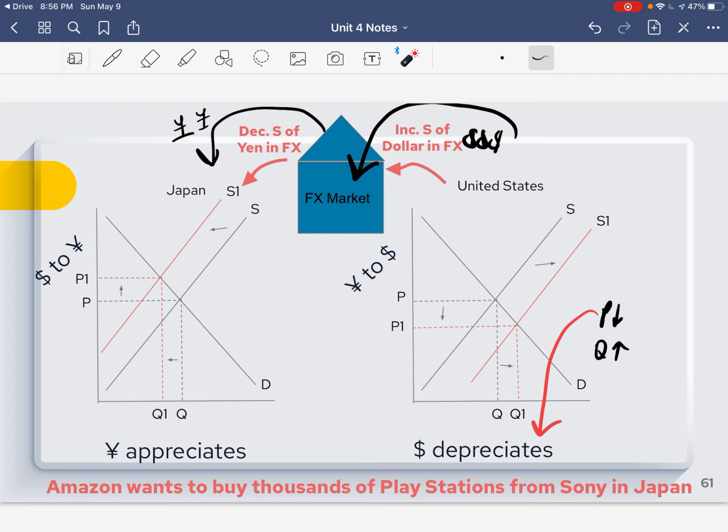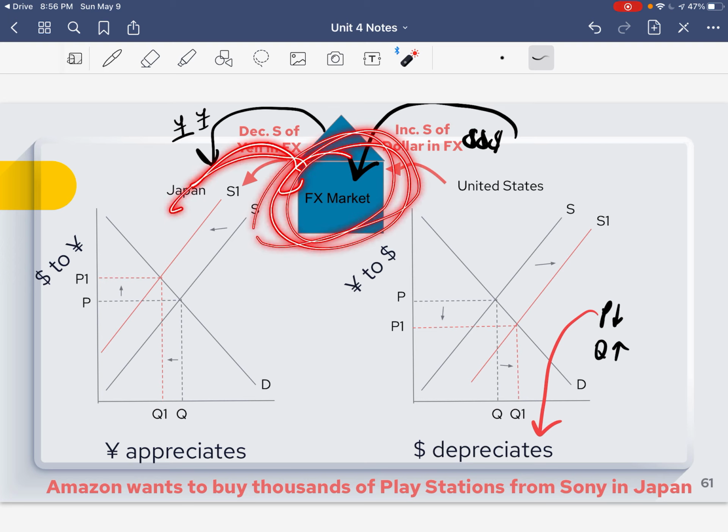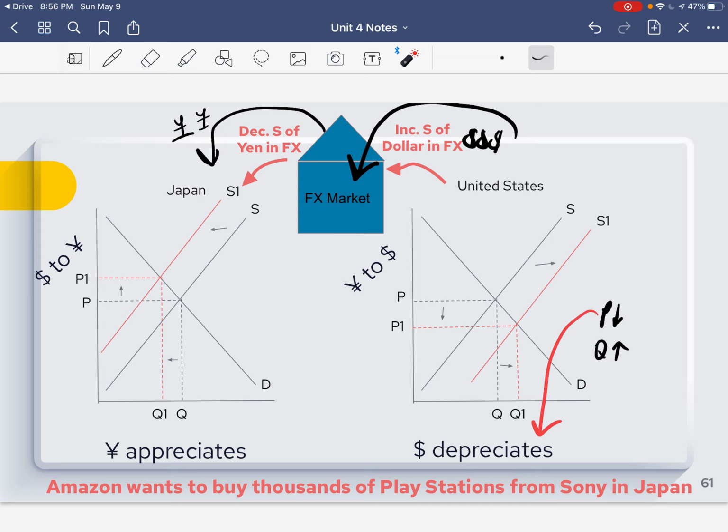So what happened to the supply of yen on the Japanese market? Here it was. But now there's less supply because it's in Sony's bank account now. It's not in the foreign exchange market. It was taken out. It was exchanged for dollar bills. The dollar bills are sitting here in this building. The yen is flowing out to pay Sony in Japan.